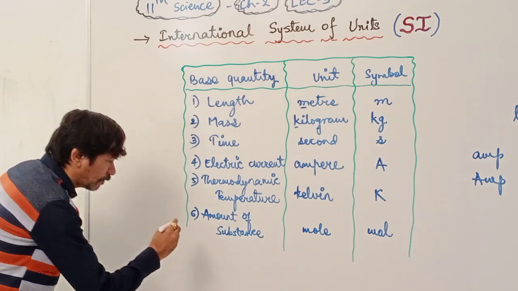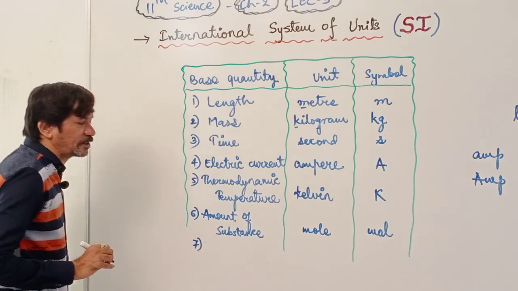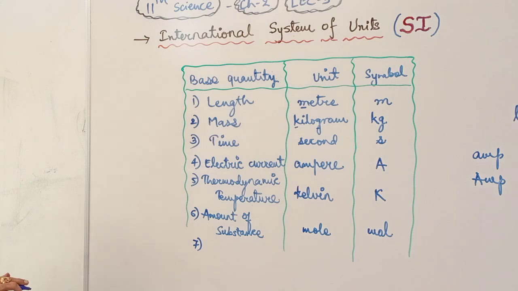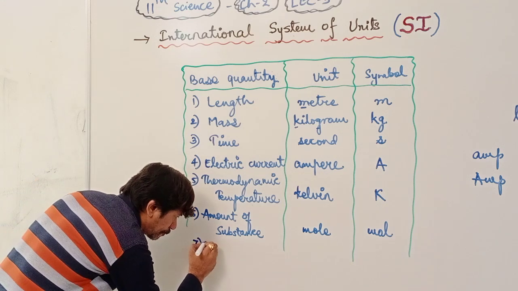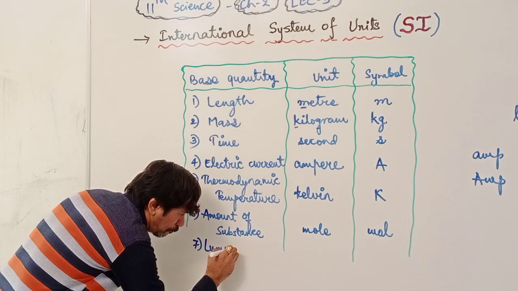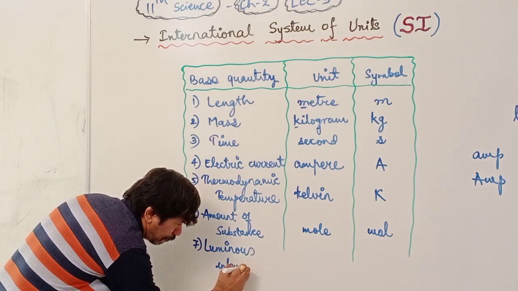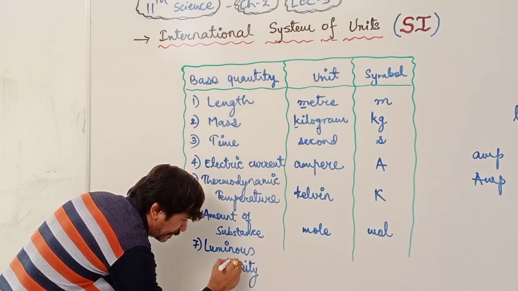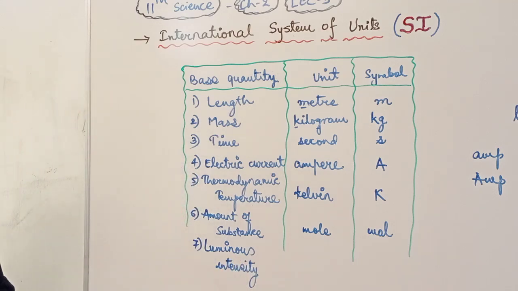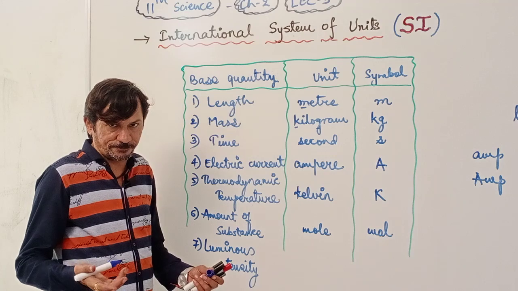Now the 7th fundamental or base quantity is luminous intensity. Intensity means strength.